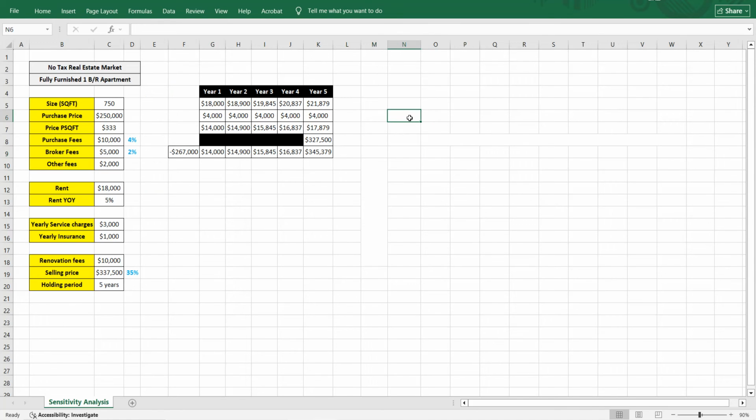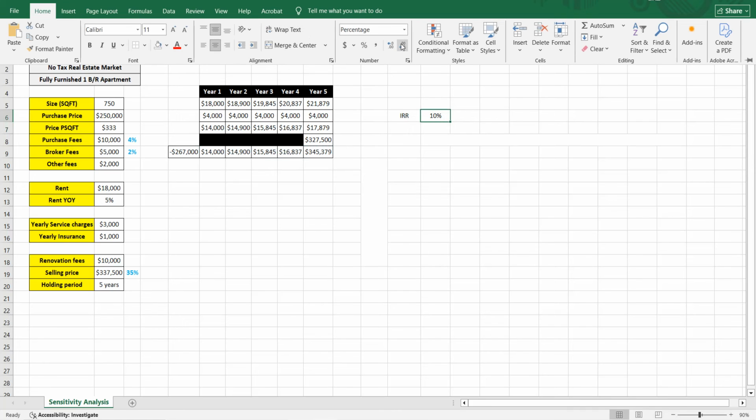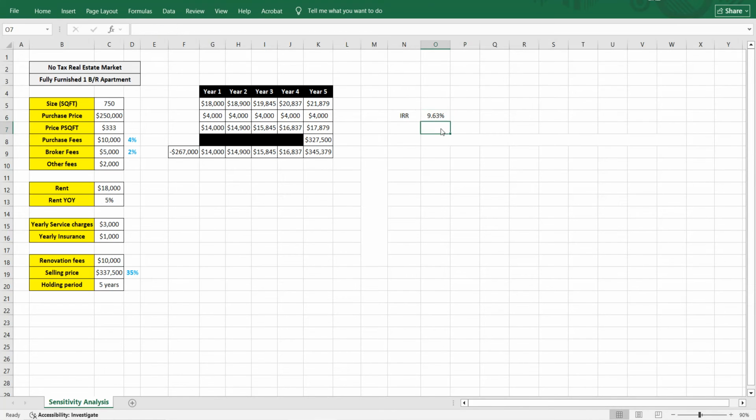To calculate the IRR, put here IRR, which is equal to the IRR function, and we select our cash flow and we get our IRR in here. We'll show 2 digits.